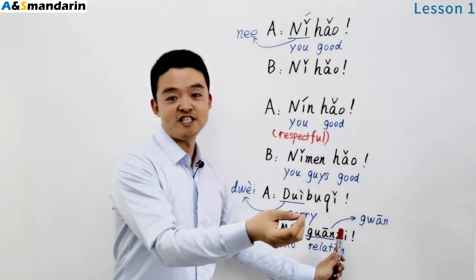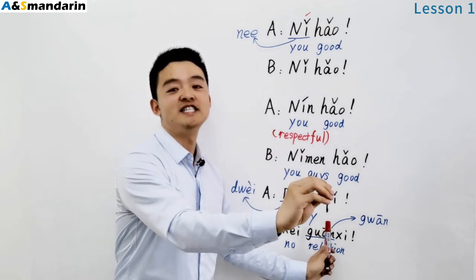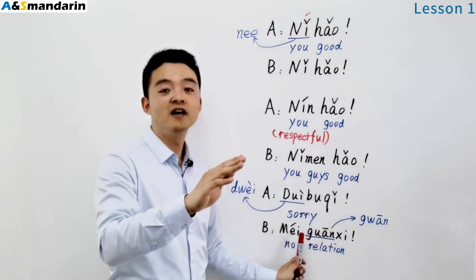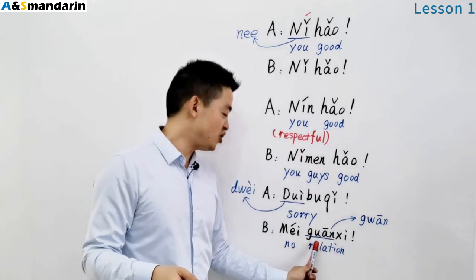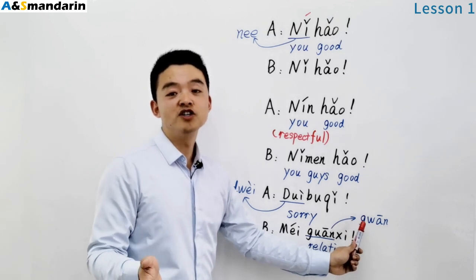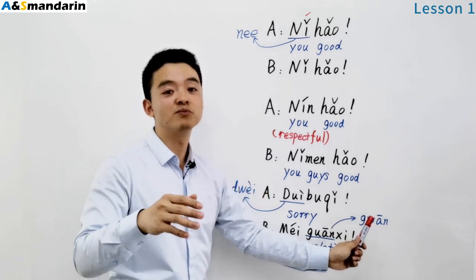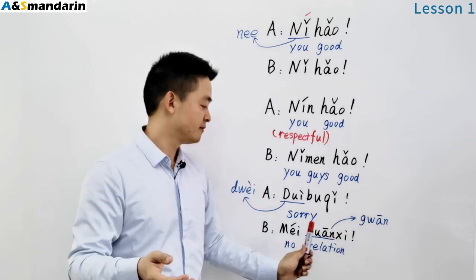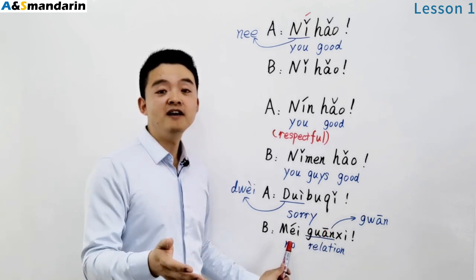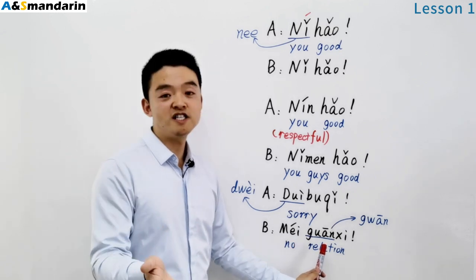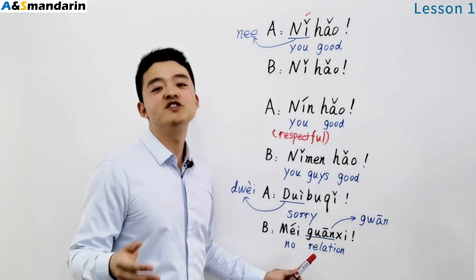没关系 Again, we can rewrite this U into W. Make it into GWAN. 关 to make the pronunciation easier for you to say. 关系 没 that is no in English. 关系 relation. 没关系 Literally, it means no relation.